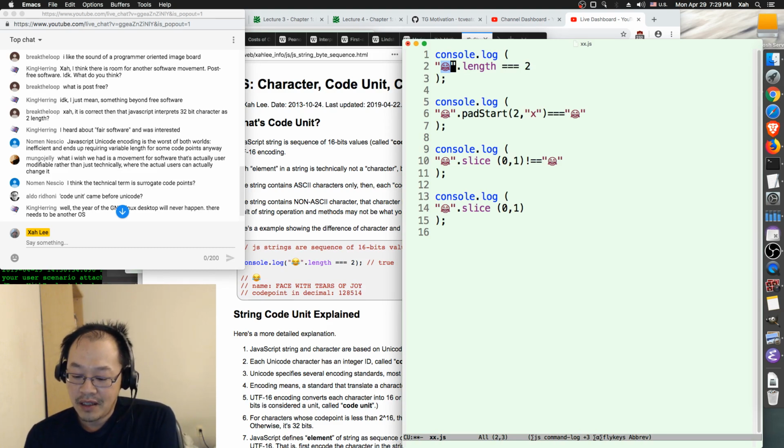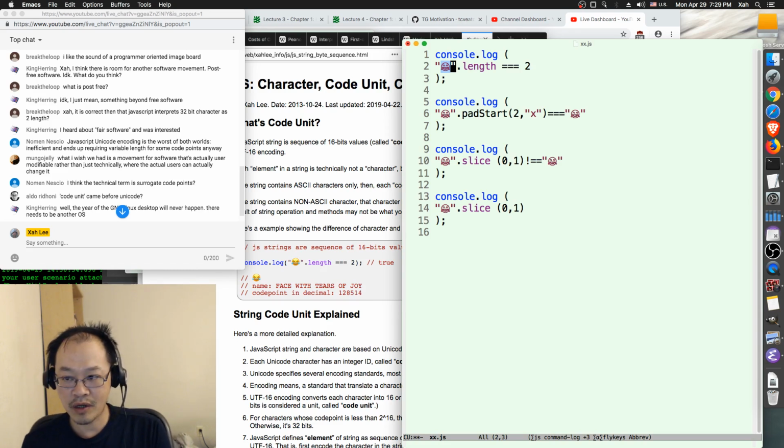If you only have 16 bits, that's not enough to encode more than 16 bits of characters. So they created this method to encode more characters. That is why some characters will be 32 bits, and those are the characters whose code point is greater than or equal to 2 raised to 16. That is what a surrogate pair is.